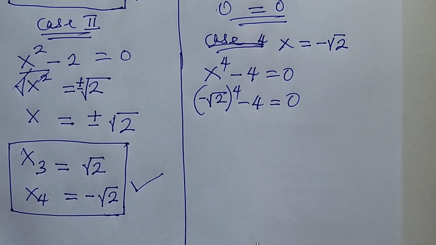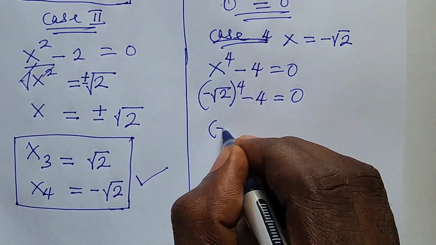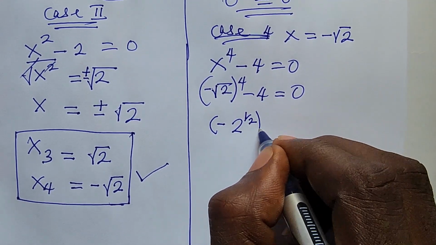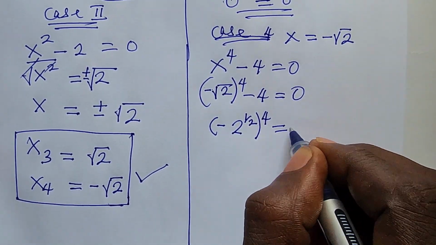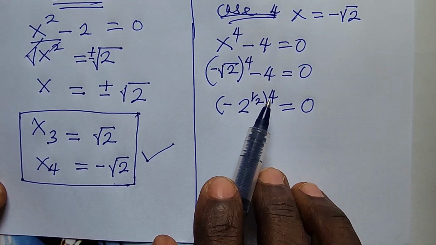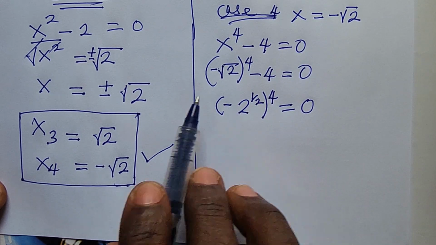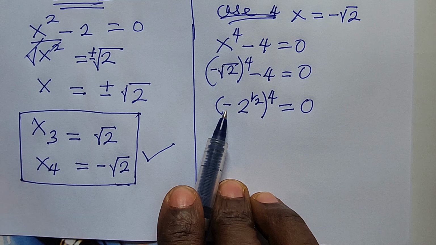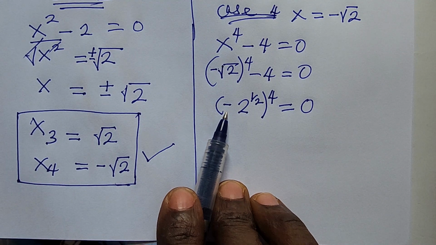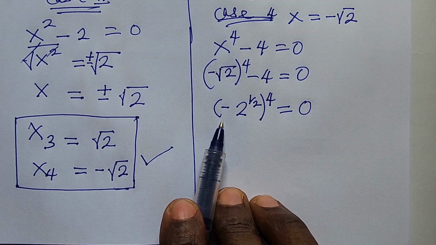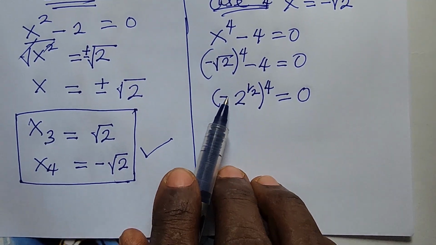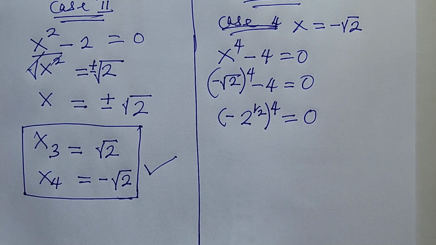Then we can rewrite this again. So this will now give us minus 2 to the power of 1 all over 2 all to the power of 4 equal to 0. So we use this power to multiply everything we have in here. So we have to multiply minus into 4 places. That is to say, minus times minus is plus, times another minus is minus, times another minus is plus. So this minus will change to plus, which is positive.